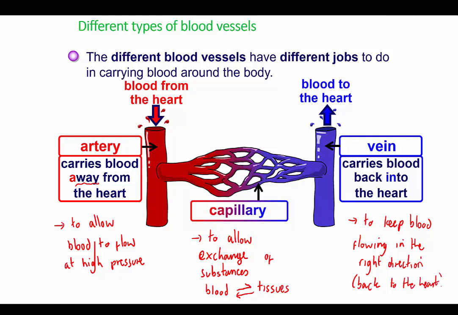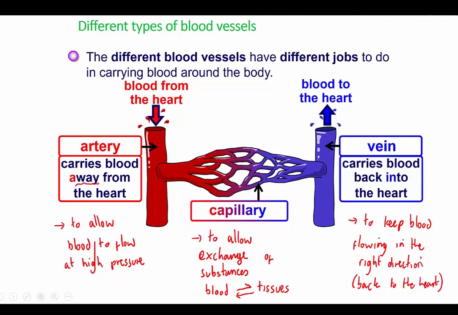Now, that's important because when the blood is coming back to the heart from the rest of the body and even the lungs, it's coming back under a really low pressure. So there is a chance it could flow backwards. So what we're going to look at is how the vein is adapted to stop that happening. So that's why we need three different blood vessels. We need an artery to carry blood away from the heart at high pressure, capillaries to transfer the substances to and from the blood in the tissues, and then we need veins to carry the blood back to the heart under low pressure.